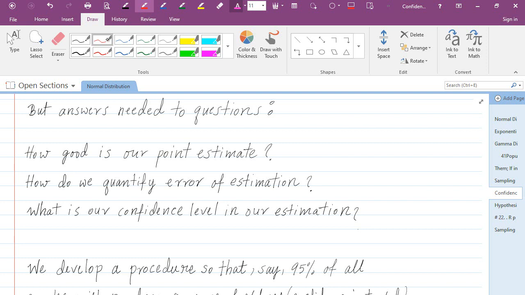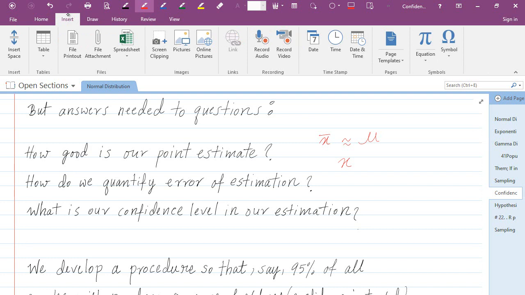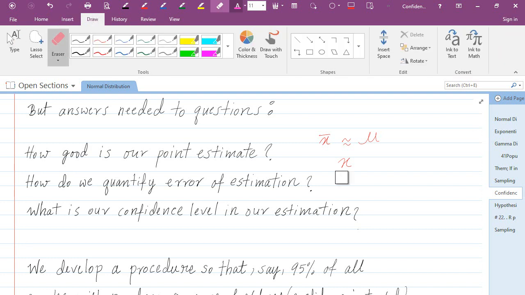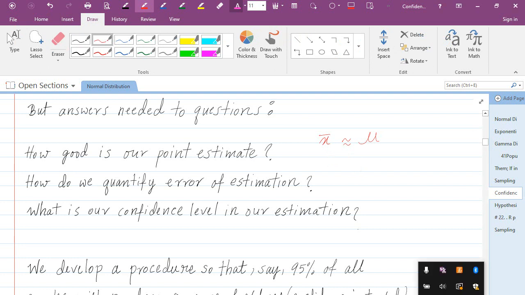If we are using small x bar, the observed sample mean, as an estimation of the population mean mu, then the error of estimation is how far away the population mean is from x bar. So basically, you look at the distance between x bar and mu, which is x bar minus mu in absolute value.